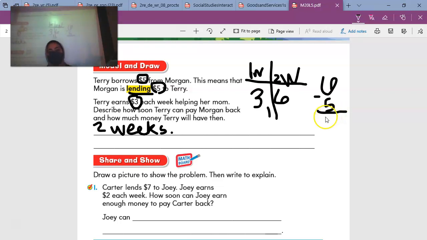I'll have $1 left over. Come on, guys. 6 take away 5 is 1. That's not too hard, is it? Okay. So, how much money will Terry have then? $1. Terry will have $1.